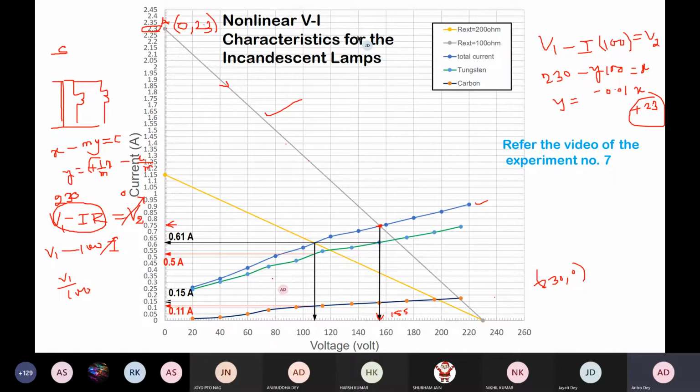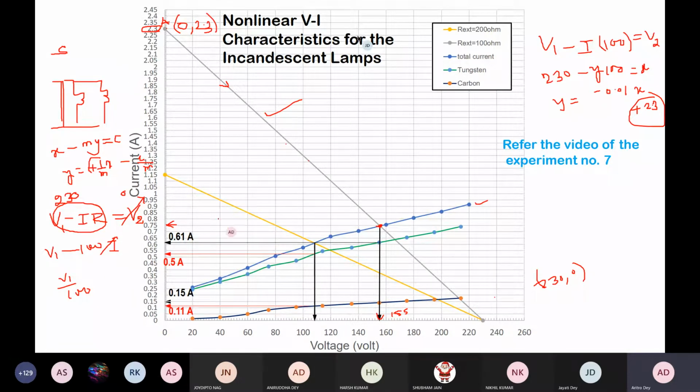When external resistance is there, of course the value will change. What initially we were setting for 0, 20, 40 in that way. Whenever the Rext is there, whatever you are setting through the input 0, 20, 40, that is actually not 0, 20, 40 for the V2, I mean the drop across the lamps.